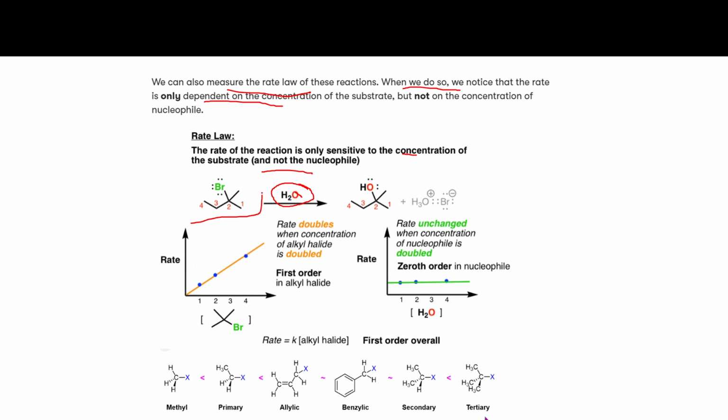Only the formation of the carbocation has a role in the rate determining step, and the rate doubles when the concentration of alkyl halide is doubled. So if you increase the alkyl halide concentration from 1 molar to 2 molar, the rate goes from 1x to 2x, almost double.